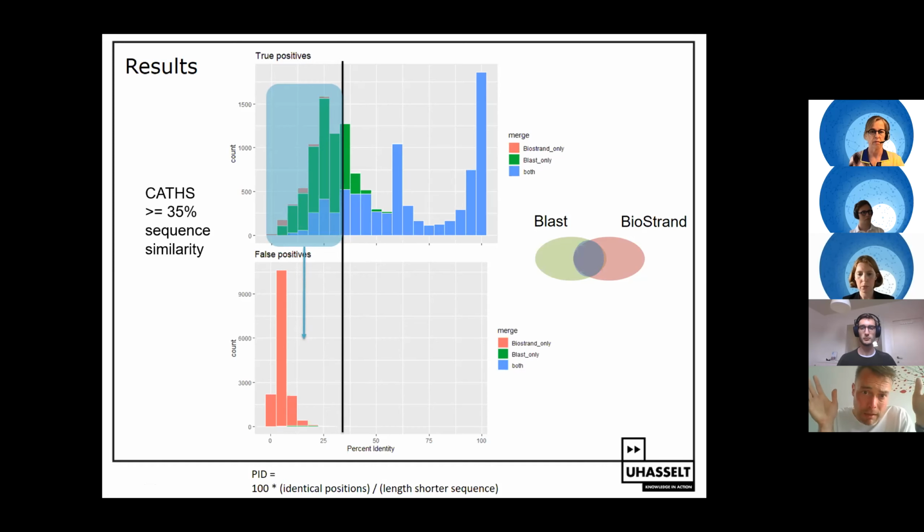But if I'm a drug developer working on model organisms and modern organisms, and I want to interlink a lot of different databases and speed is an issue, then I might go with the BioStrand option, because percentage identity between these sequences of modern and model organisms is usually high.